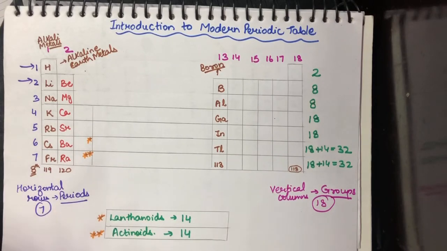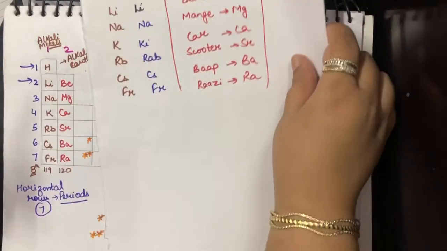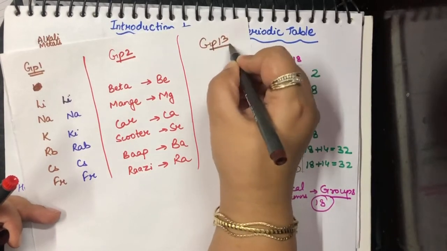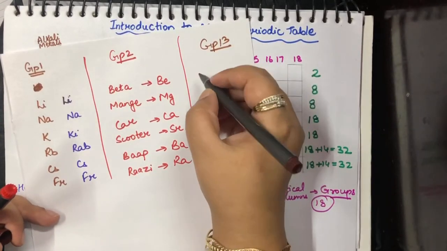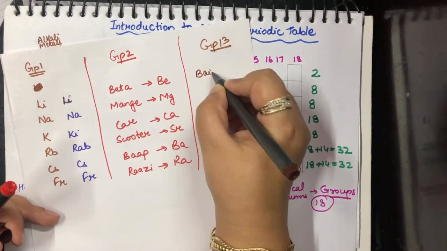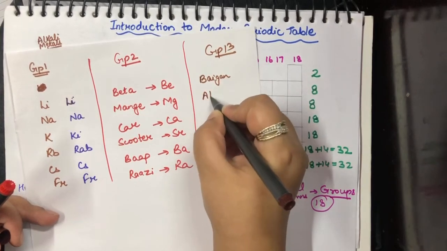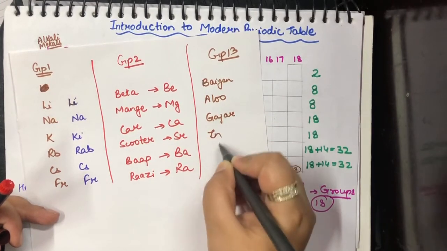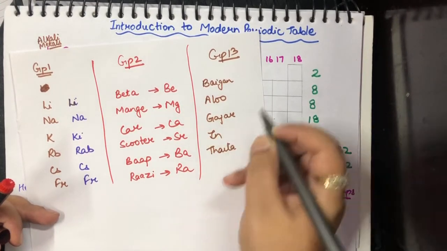This is 113. So now if I have to learn the mnemonic for group 13, let's study. It is Baigan, Aloo, Gajar in Thela. Now, what was it?